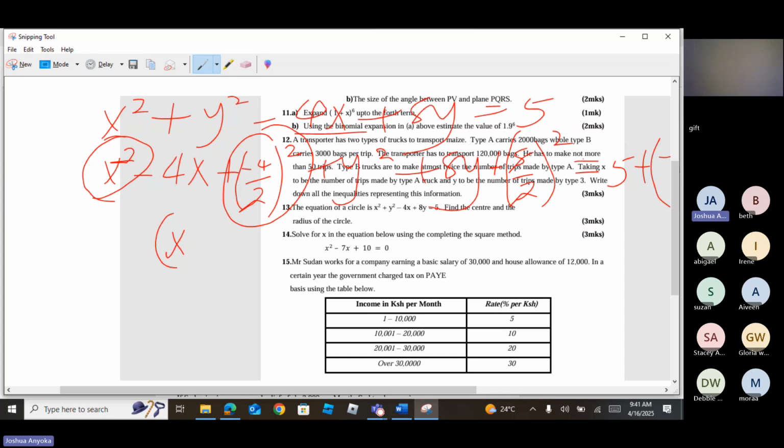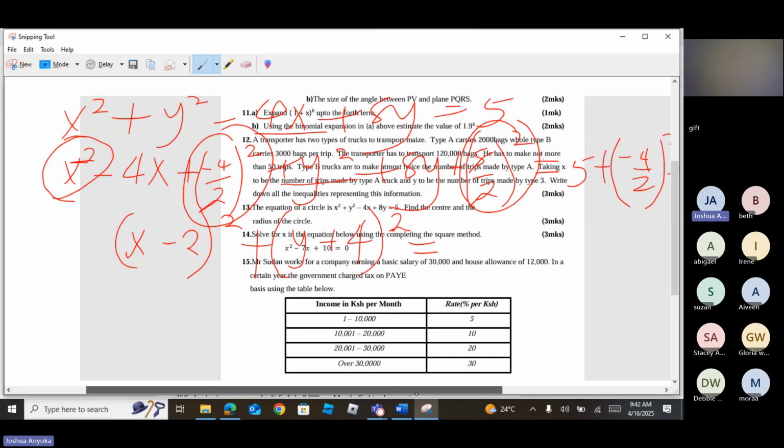Negative 4 over 2 is negative 2, so the bracket is (x minus 2) squared. Then plus the square root of y squared, which is y, and the square root of the constant term, 8 over 2, is 4, so (y plus 4) squared.